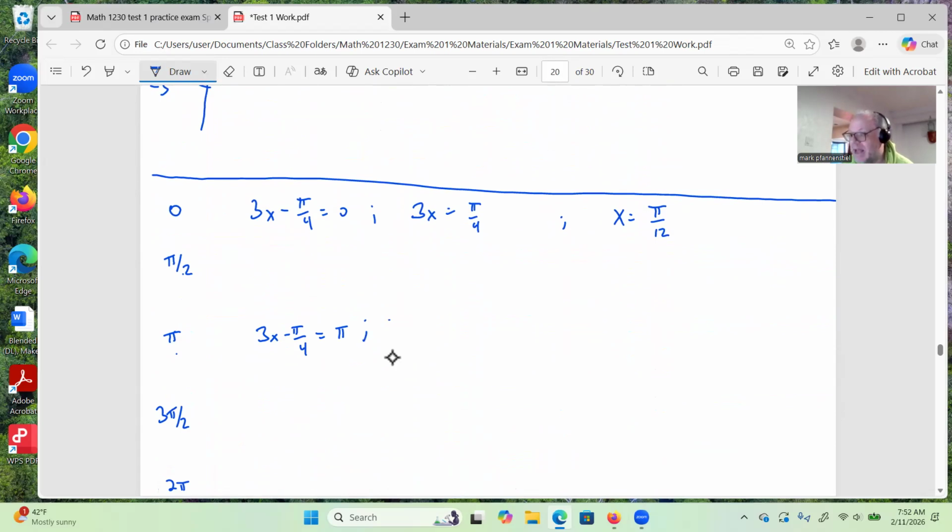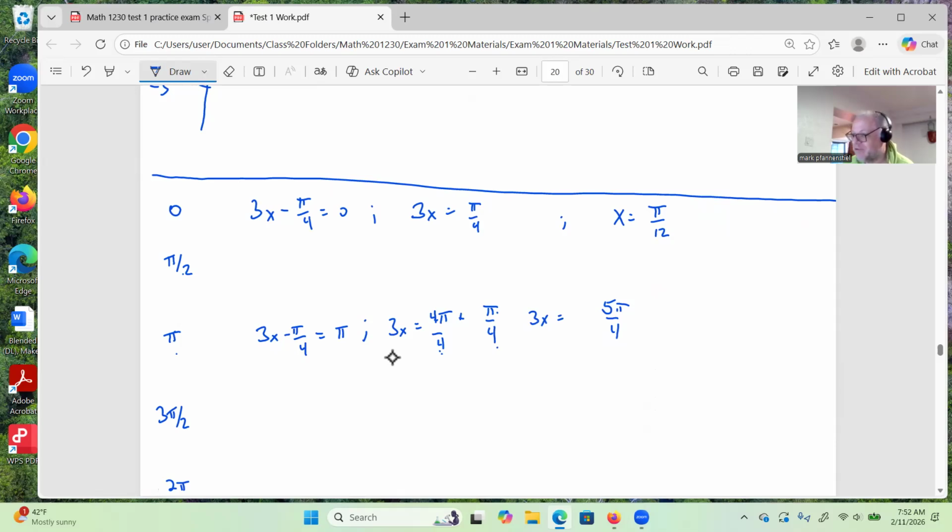So I have 3x equals pi plus pi over 4. Now, we've got a fraction. I can't just leave this as pi plus pi over 4. We have to get this together. So I'm going to turn pi into 4 pi over 4, and add that together. So we have 3x equals 4 pi over 4 plus 1 pi over 4, which equals 5 pi over 4.